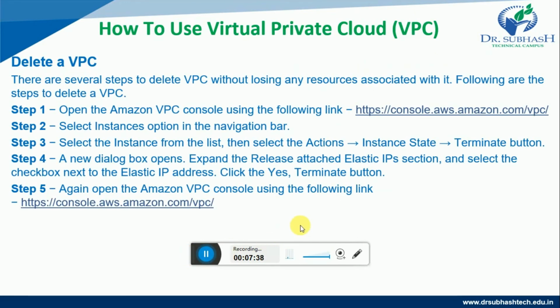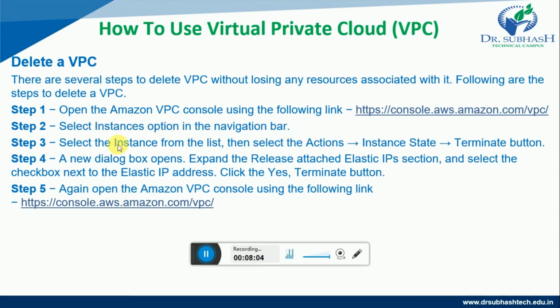Now after creating a VPC, we would like to see how to delete a VPC. That VPC is nothing but our virtual private cloud. There are several steps to delete a VPC without losing any resources associated with it. For that, we have to follow the following steps. In step 1, open the Amazon VPC console using the following link. Then select the instances option in the navigation bar.